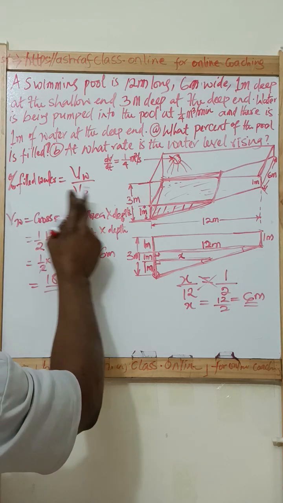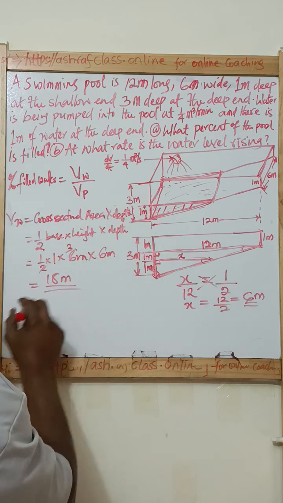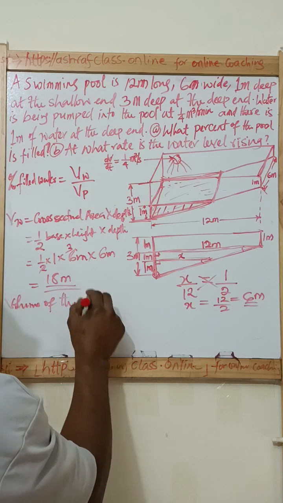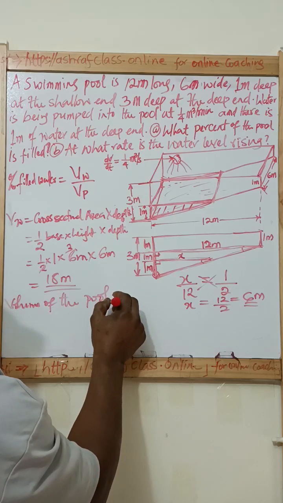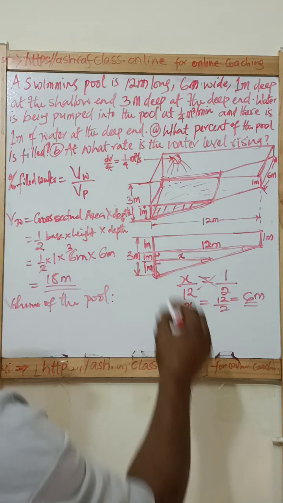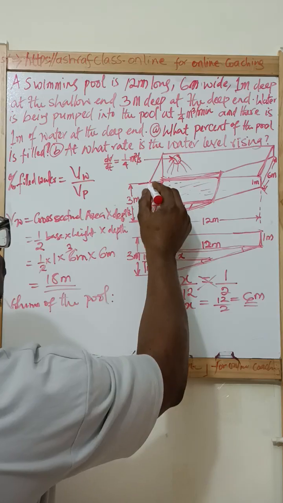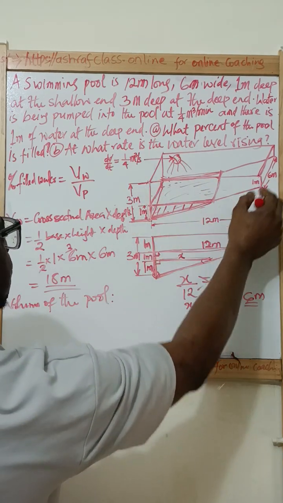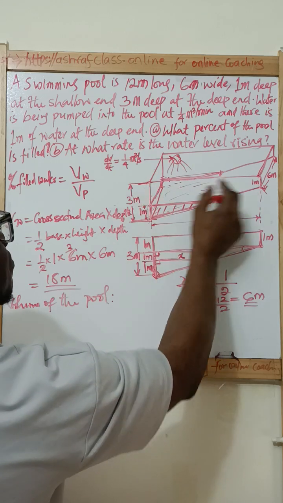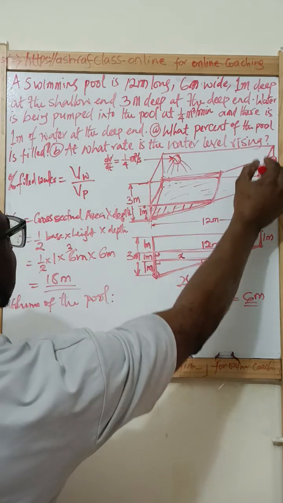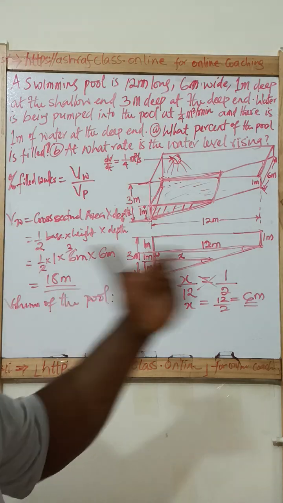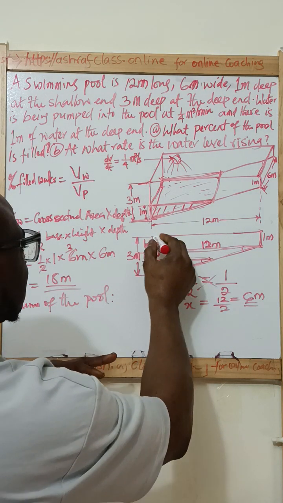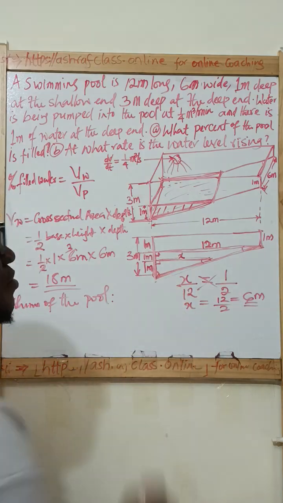Now the volume of the pool. The volume of the pool is the cross-sectional area of the pool. This is the cross-sectional area, which has the same area as the other side, and it is also the area of this trapezium.